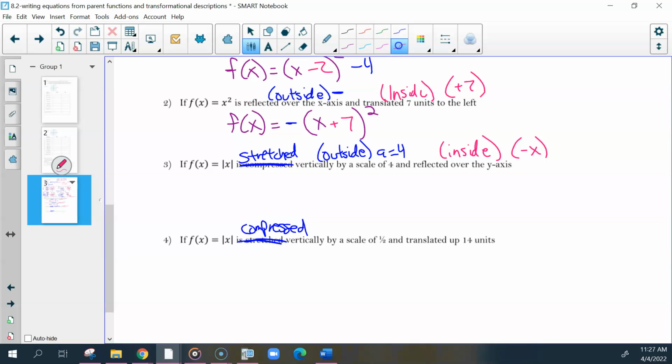Now, we were using parentheses before because of the x squared. Because of the absolute value, we don't really need parentheses. We could just put it inside of that. So our function would be f of x equals, our a needs to go on the outside in the front. So that's where our 4 would go.